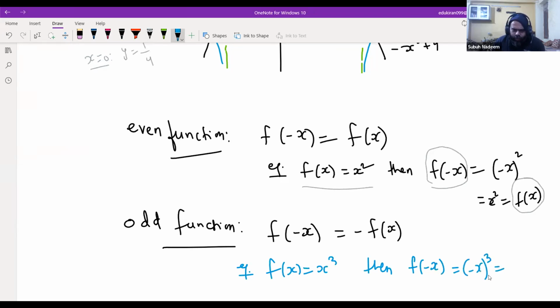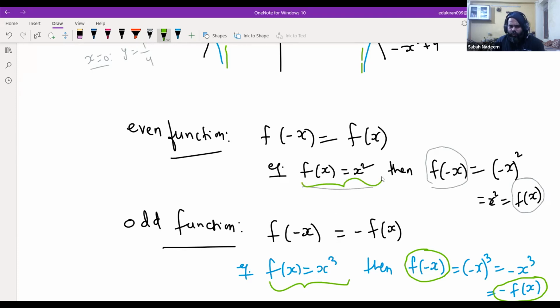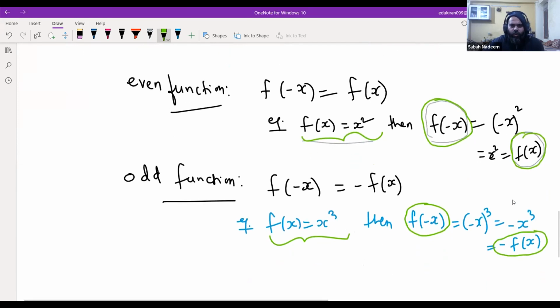Now cube does not absorb the sign, a square absorbs the sign. Minus x cube will be minus x cube, the minus comes outside, so this is minus f of x. So f of minus x is equal to minus f of x. So x square is absorbing the minus sign and is an even function, and this is an odd function.